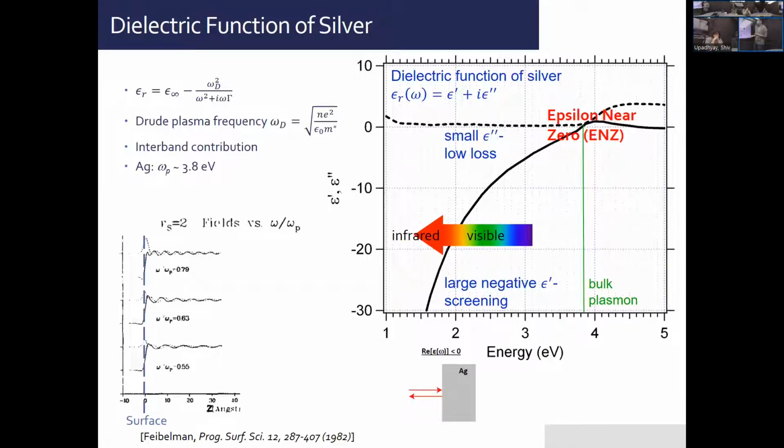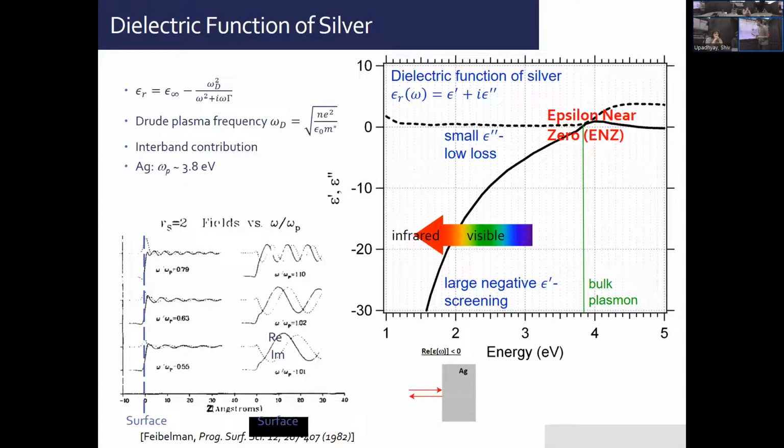From the theoretical calculation, we can calculate the electric field strength outside and inside the surface. We can see that the electric field strength is very small and evanescently decays into the bulk silver. However, if we increase the photon energy above the bulk plasma frequency, we can see a considerable amount of electric field inside the surface.